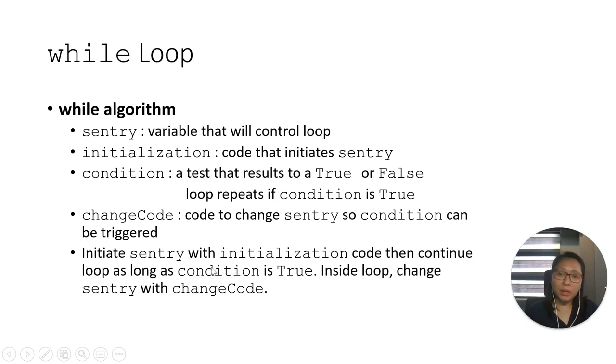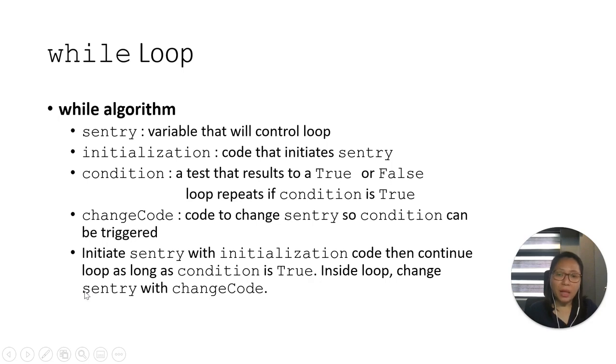And make sure, that's why you have to make sure that the sentry has an initial value before we even test it here in the condition. Also, we have to make sure that there is a line of code inside the loop, in the code body, in the code block, that changes the sentry, or changes the value of the sentry.